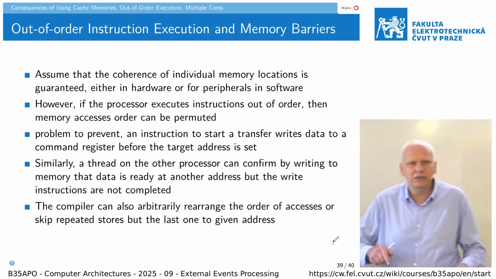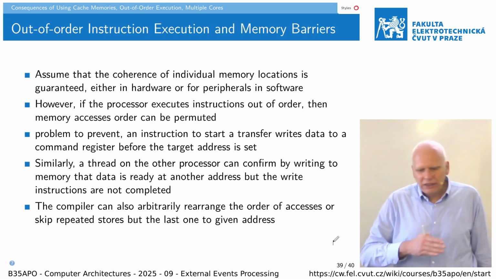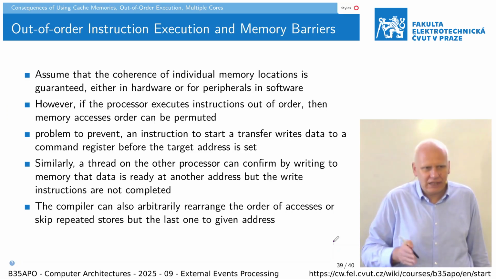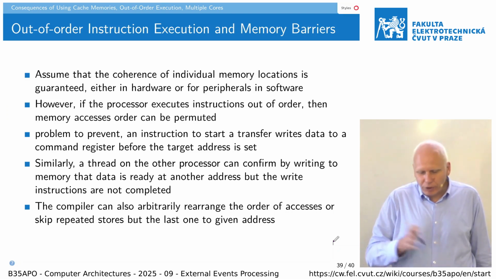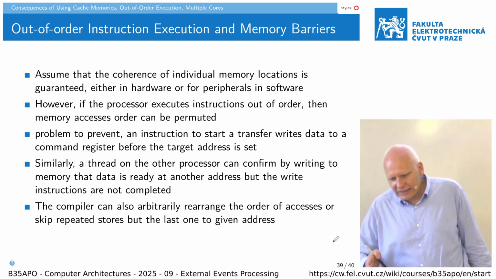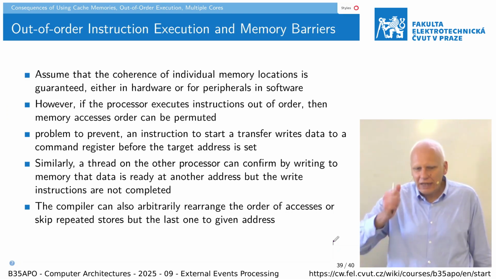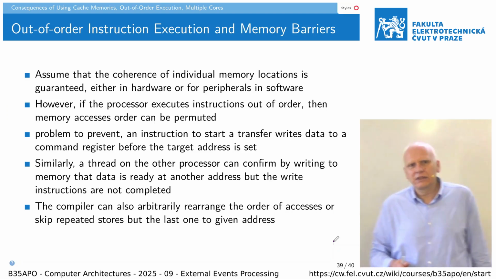So basically, you need to add a barrier where you are sure that all the 600 instructions in the processor are already finished, and only that last write, when all data are prepared in the memory and so on, triggers the actual transfer.